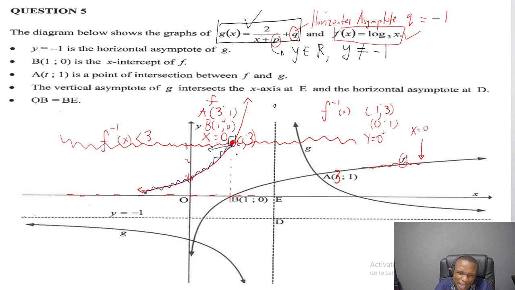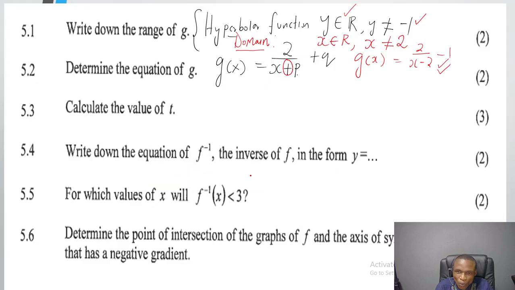So when x is less than 1, the inverse of f is below 3. Yes, so it is when x is less than 1. When x is less than 1, we give you 2 marks.